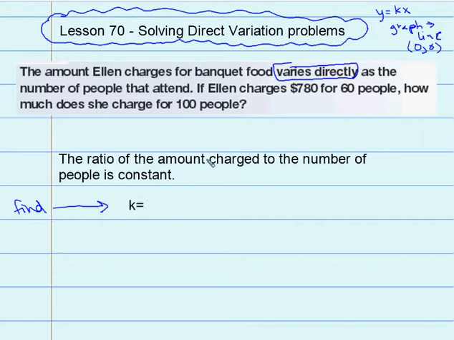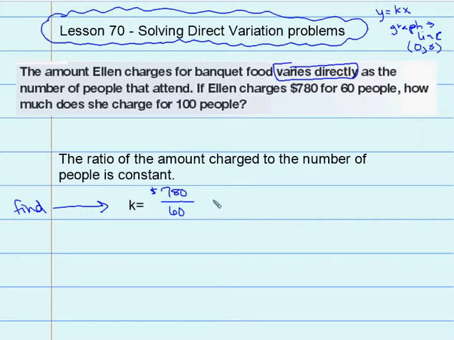k first. So it's telling you what she charges varies directly with the number of people. So we're going to write that as the cost divided by 60 people. And we can figure out then what k is by finding the unit rate.